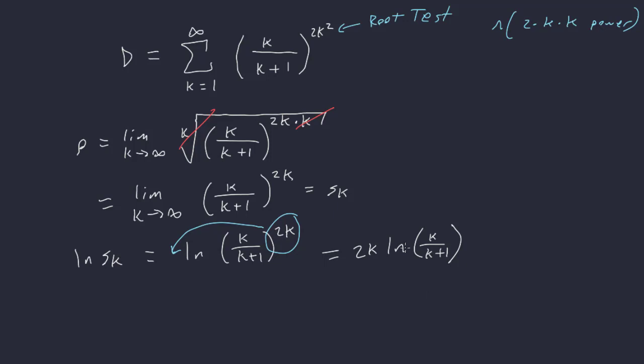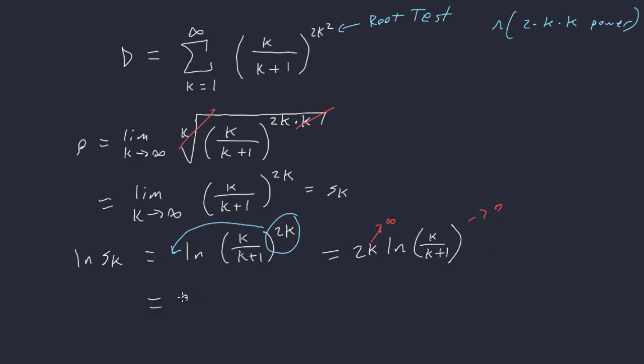All right, so then as k goes to infinity, 2k goes to infinity, and then this k over k plus 1 goes to 1, so the log goes to 0. So this is an infinity times 0 case. So we'll need to rewrite this. I'm going to move this into the denominator.